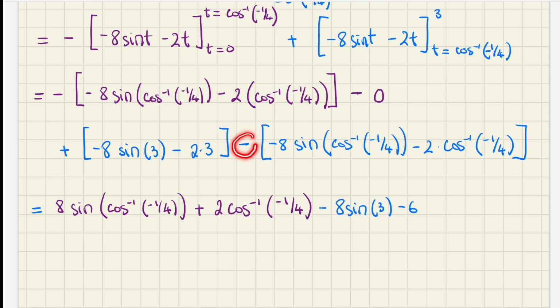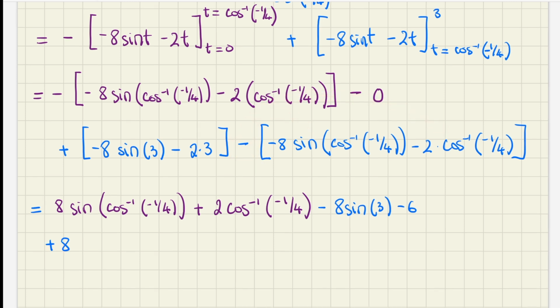Then I need to distribute this negative sign. So this term becomes positive, and this term also becomes positive. So I have positive 8 sine of cosine inverse of negative 1/4 plus 2 cosine inverse of negative 1/4.